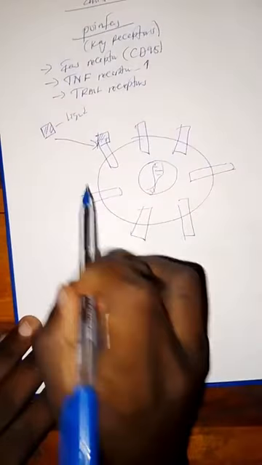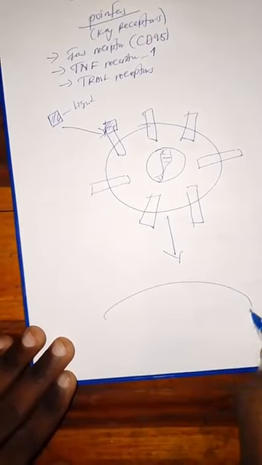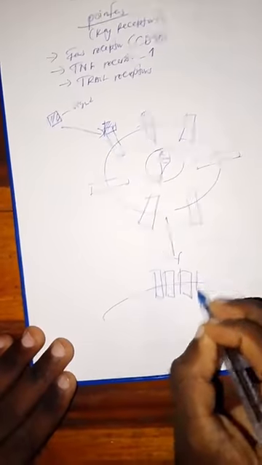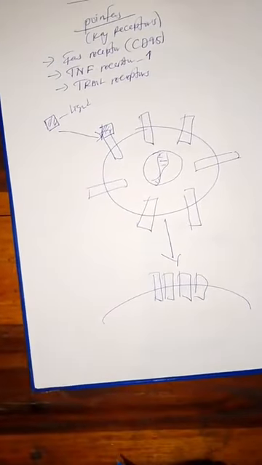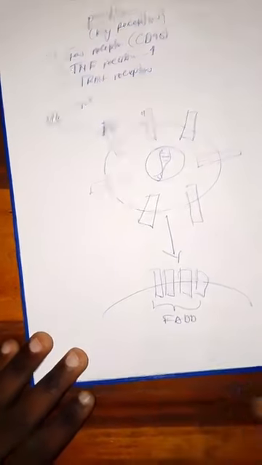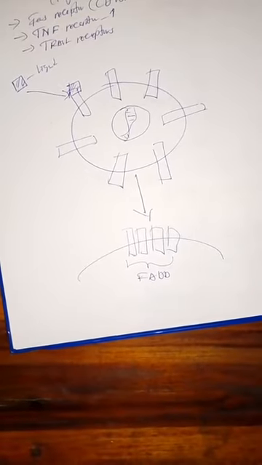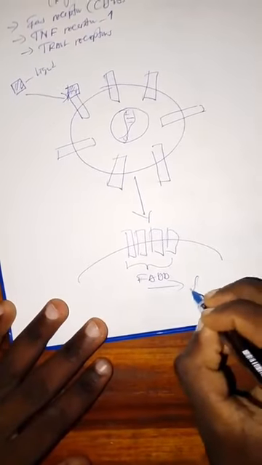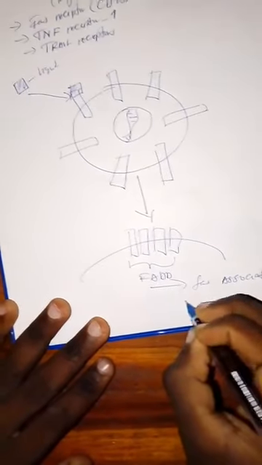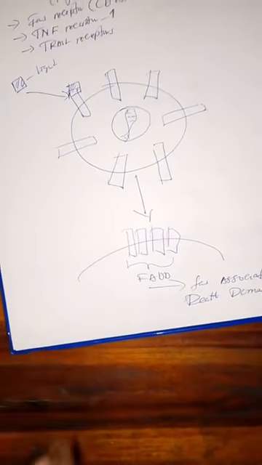So we have receptors coming together like this, forming the FADD, which is Fas-associated death domain.